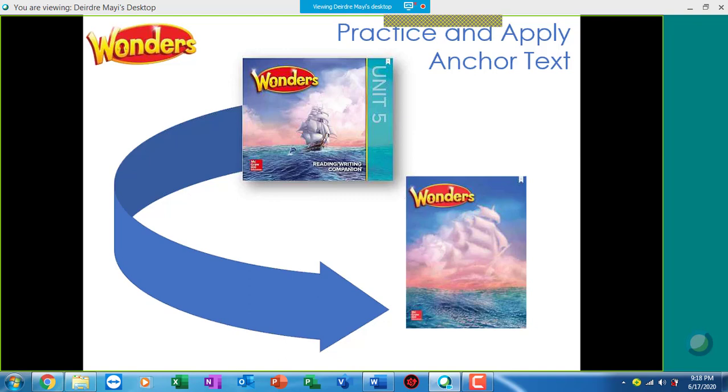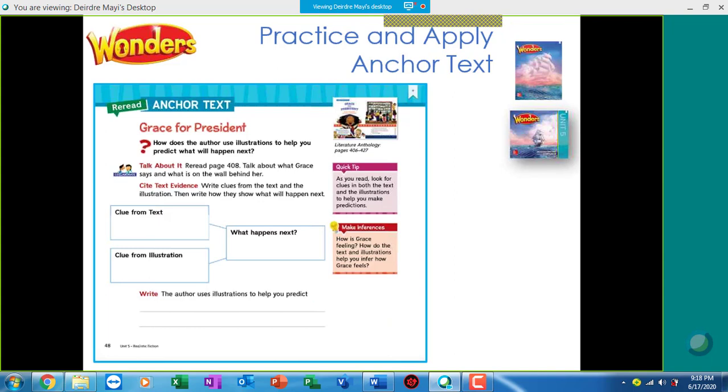So let's think about it. After the students have engaged in the shared read, they're going to move into that hardbound collection of text where they will find both the anchor text and the paired text. The reading writing companion is still going to be there for them. Well, how so?